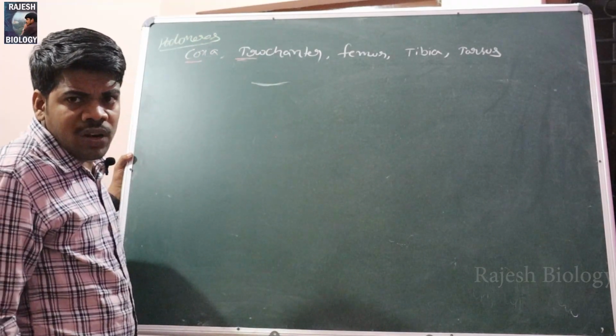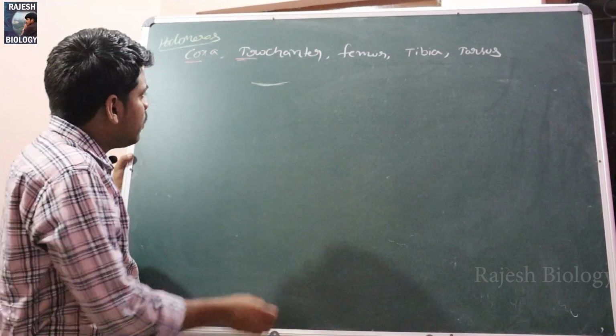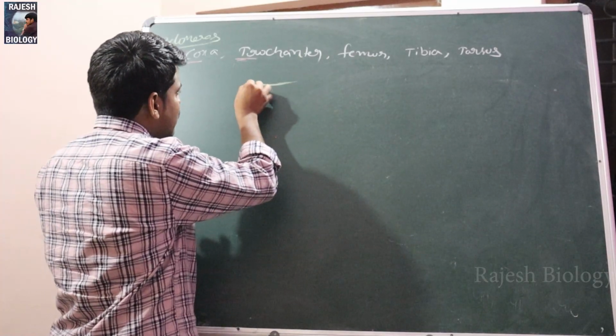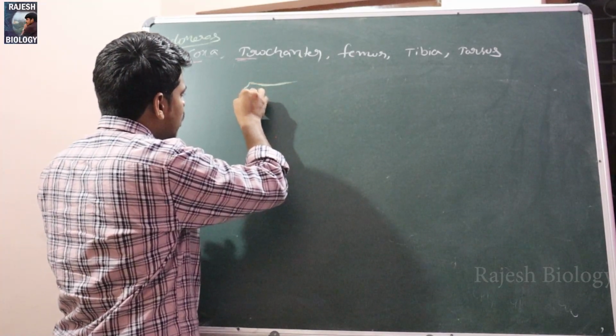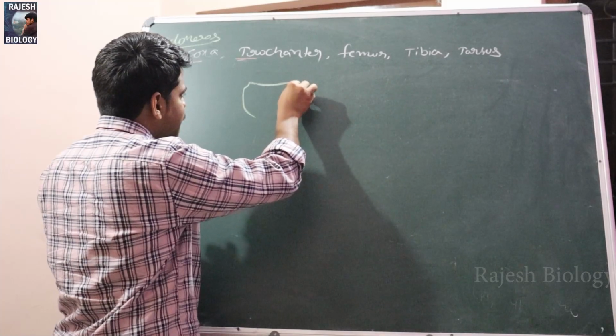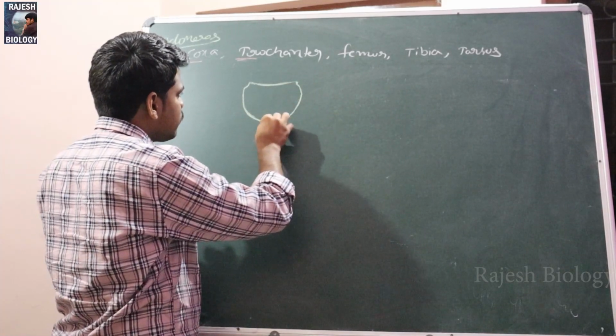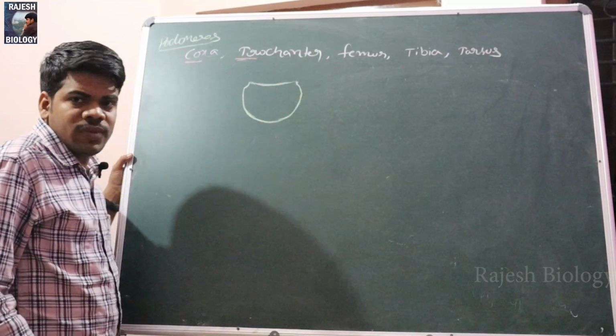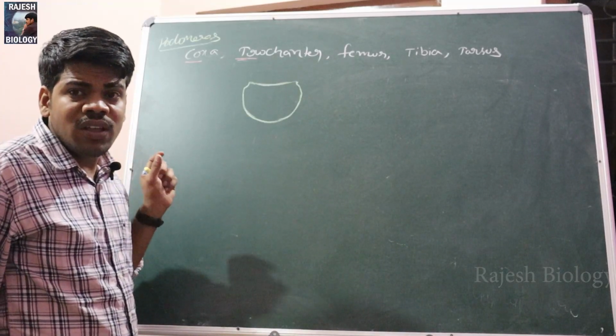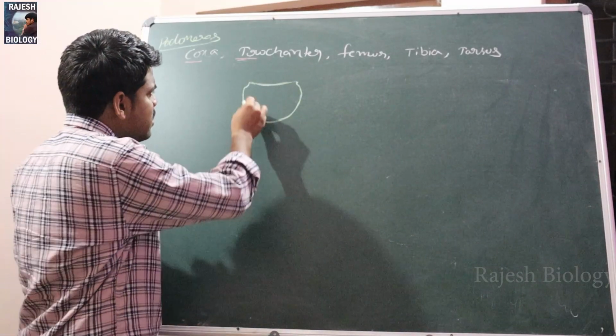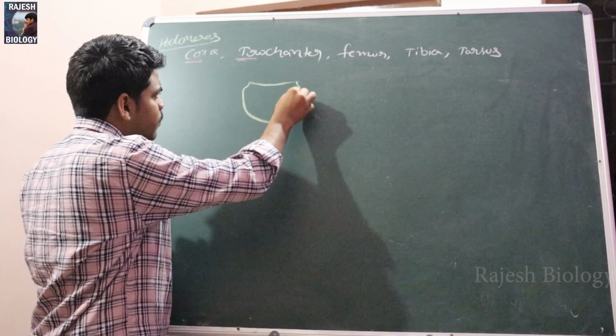5 podomeres are there. In that, the first one is the coxa. Coxa is like this. It helps to articulate with the sternum. It attaches with the sternum of the body wall. This is called what? Coxa.